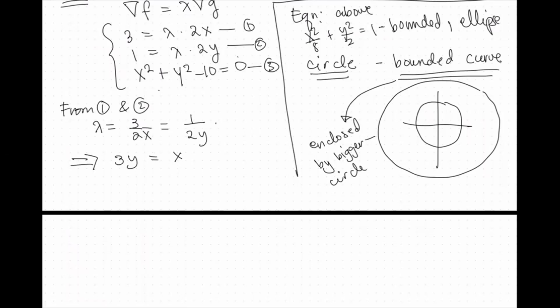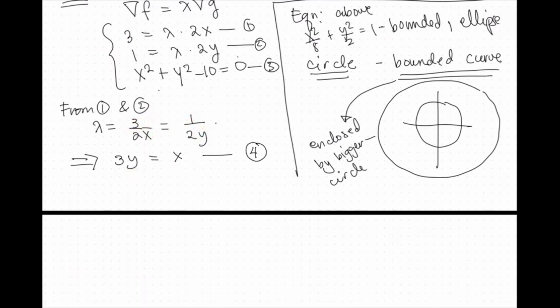We cross multiply, cancel, and put this x here and this y here: 3y is equal to x. We label this as equation number 4.